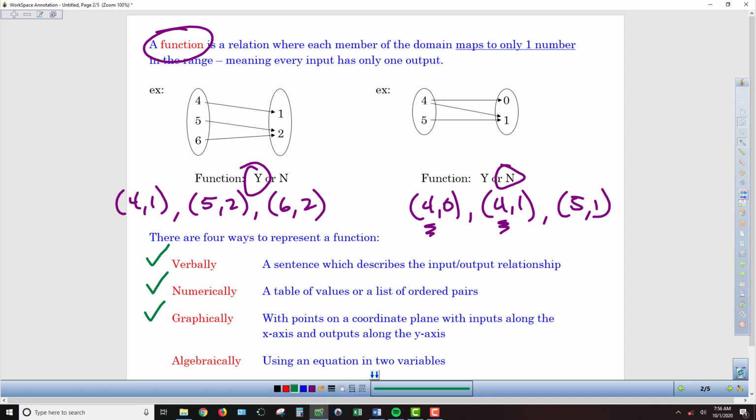And then there's algebraically, where there's an equation with two variables, x and y, an input and an output variable, and we use that to define a function. We'll be using all of these, although most of our time is going to be spent on these last two, analyzing graphs, looking at equations, or some combination of those two.